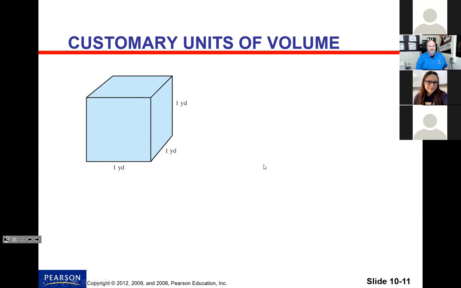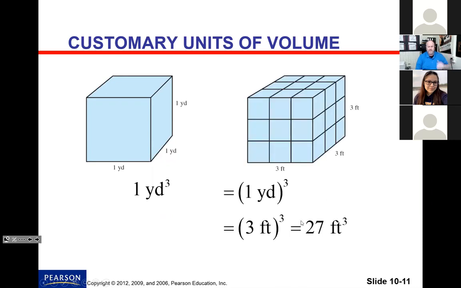And you can break it down into feet, 27 cubic feet, right? So for instance, let's say you're putting dirt, sand, or gravel in your yard or on a road, and you wanted to figure out how much you needed. Well, 1 cubic yard is kind of difficult to do, but look at this, right? These are feet. It's like a Rubik's Cube.